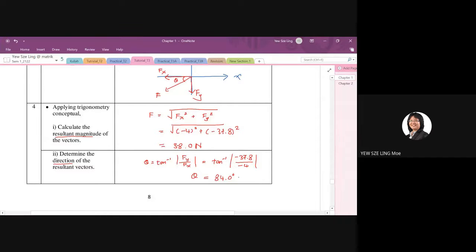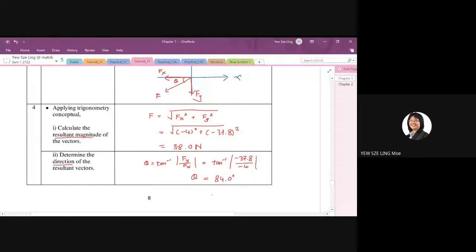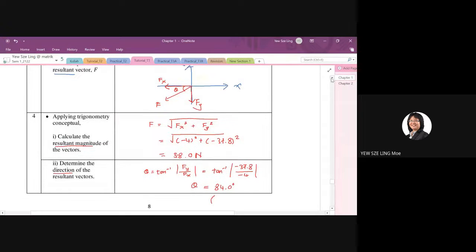Next step, remember you need to describe where this 84 degrees is, because you can have 84 degrees in every single quadrant. So what are you going to do? You are going to describe the position. You open a bracket, you look at your diagram. Now the resultant vector F is located in the third quadrant.